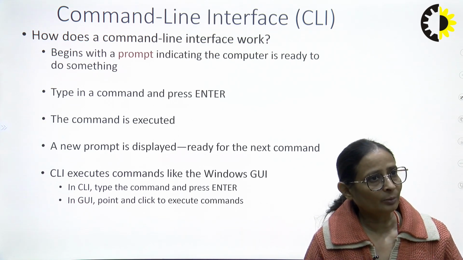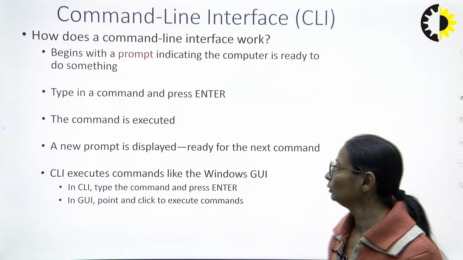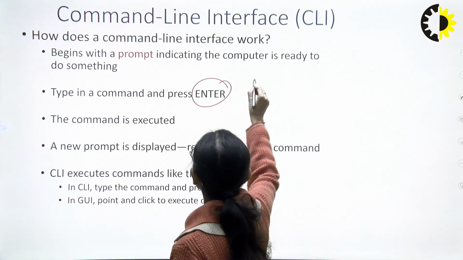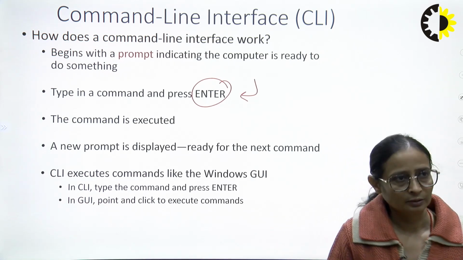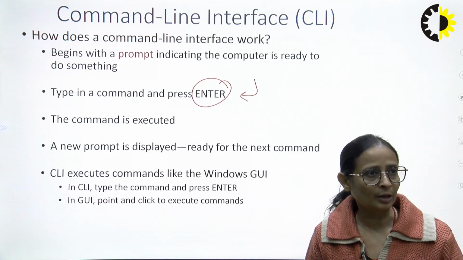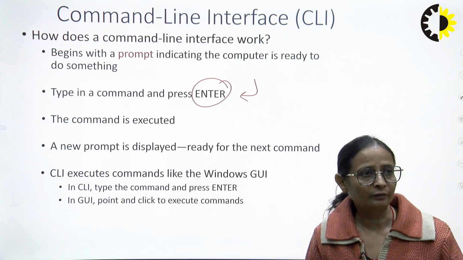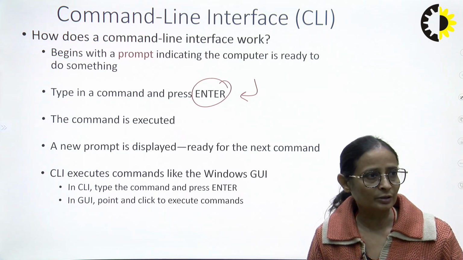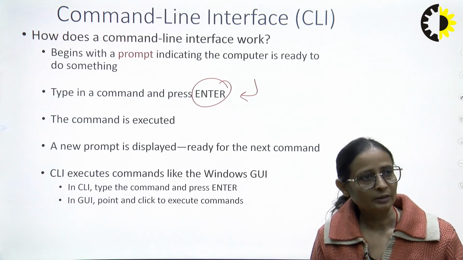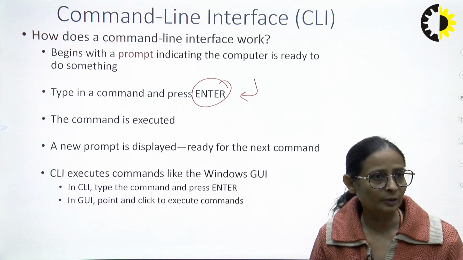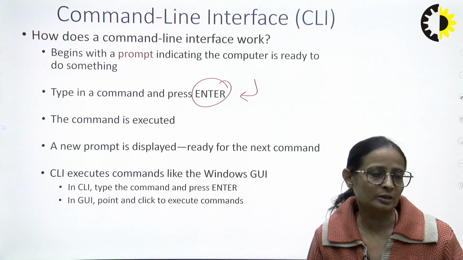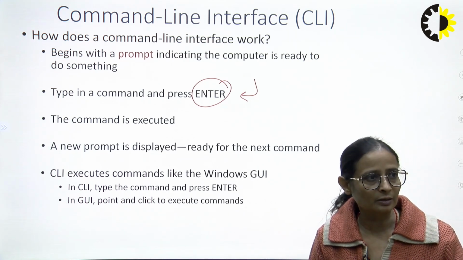So you type in a command and then press enter. MS-DOS takes this command and sees whether it is valid or invalid. If everything is okay, then it executes it. Once the command is executed, a new prompt is displayed, which means your system is ready to take the next command.